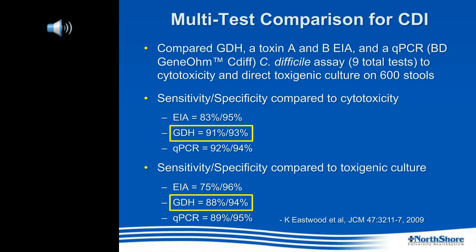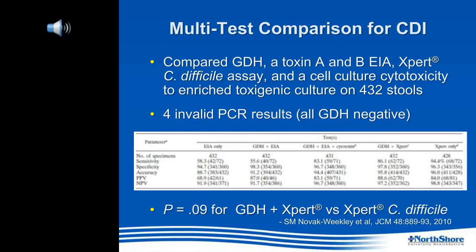And what I'm highlighting here is that the sensitivity will vary depending on the gold standard. So when their gold standard was tissue culture cytotoxicity, the sensitivity was over 90%. When it was culture, it was under 90%. And all of this makes a major impact in the sensitivity of the two-step algorithms, where GDH is often the first step.